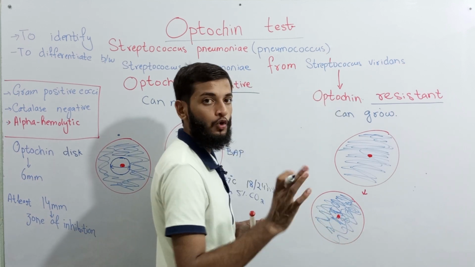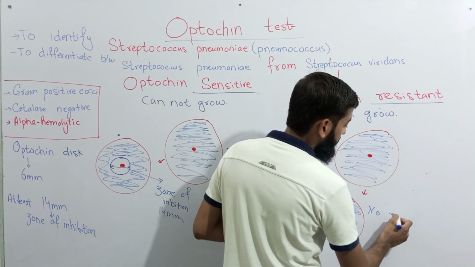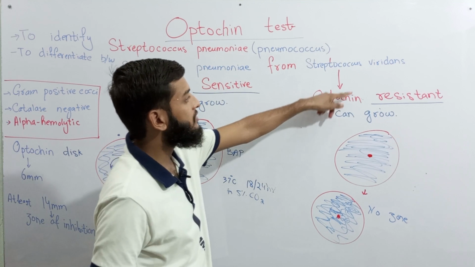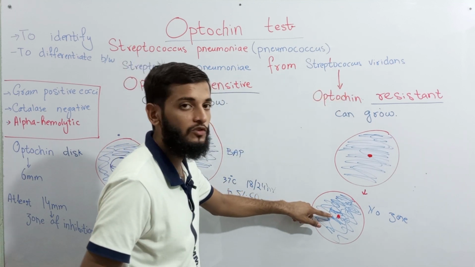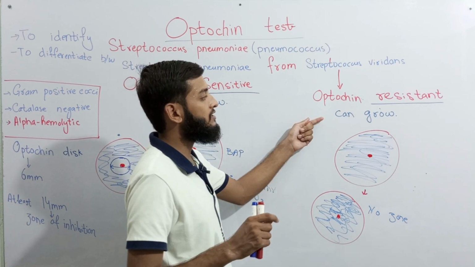There will be no zone of inhibition, right? So Streptococcus viridans are resistant to this drug. This Optochin has no effect on the Streptococcus viridans.